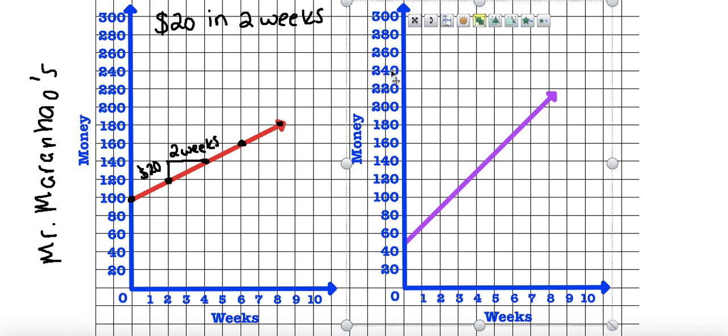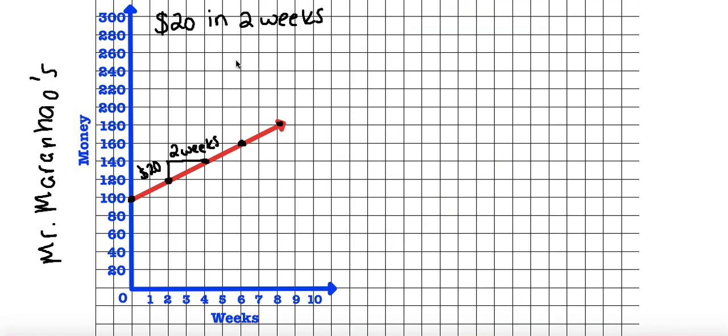And I'll take this one out to avoid the confusion. So here, from this point to this point, we rose $20 and we went over 2 weeks. So this is our rise and our run. So $20 in 2 weeks.